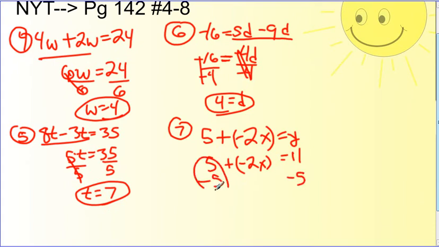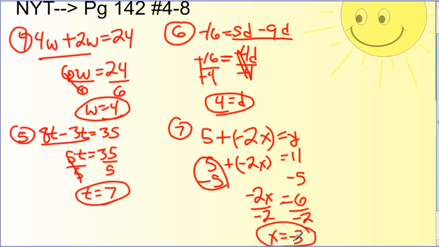These cancel out. We get a negative 2x. This extra plus sign kind of goes away because it's still a negative 2 from what it said in the problem. And that gives us a 6. The way we get rid of times by negative 2 is we divide by negative 2. X equals negative 3. So my input was negative 3 for the given output.